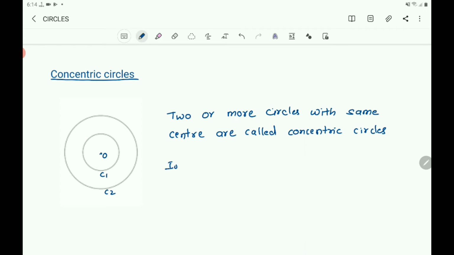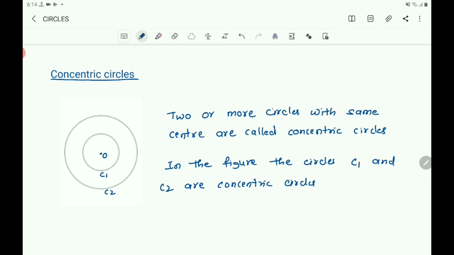In the figure, the circles C1 and C2 are concentric circles, as they have the same center.